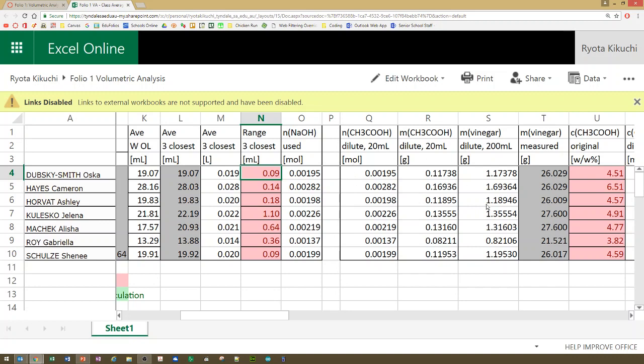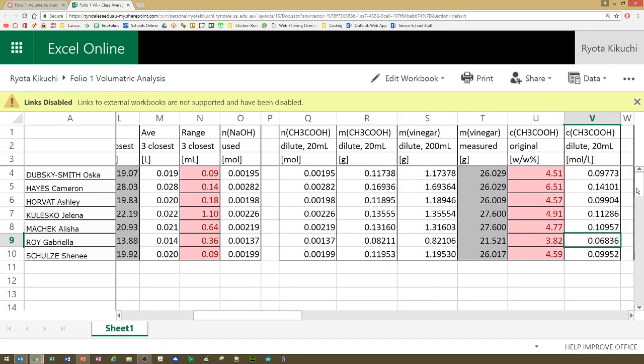Moving on to all these numbers, and here I think I got the right values for vinegar, so 26 something. Gabby had to redo the vinegar solution, so she used 21, but that shouldn't make any difference in terms of calculation.